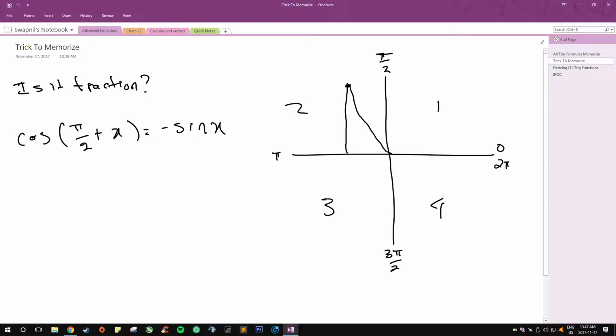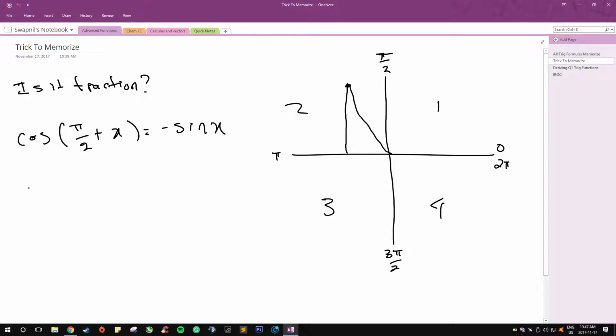So you notice that it's cosine, and then you notice that it's pi over 2 plus x. So you realize that it'll be this much over, and then you say, okay, is cosine in that quadrant negative or positive? Oh, it's negative. Alright, so since I have a fraction, I just take the cofunction of it, aka I just take the opposite. So if I have cosine, I just take sine.